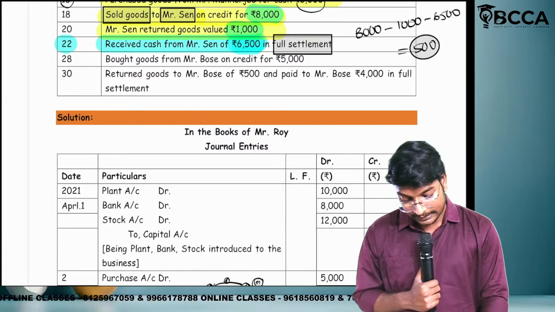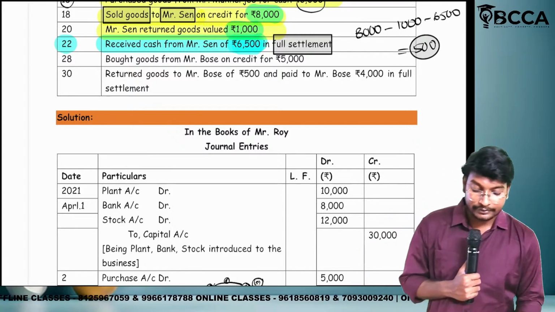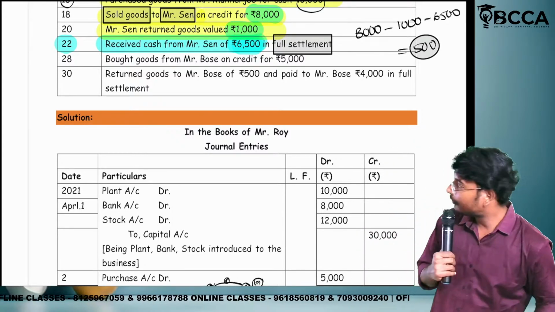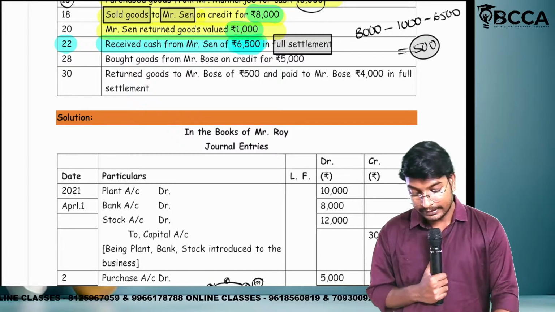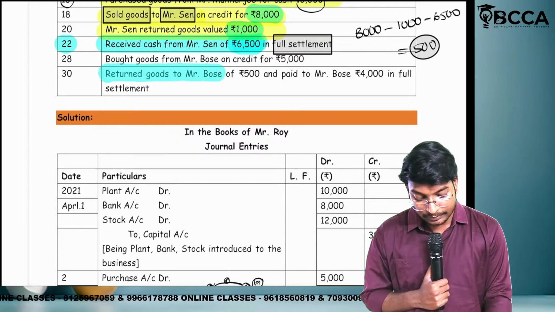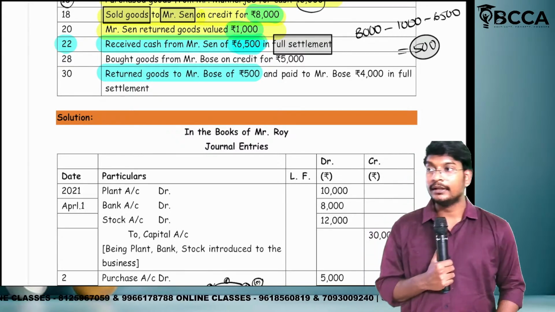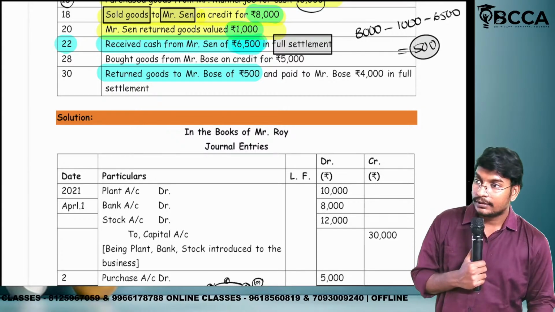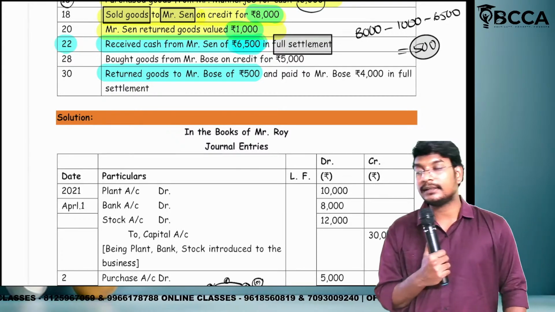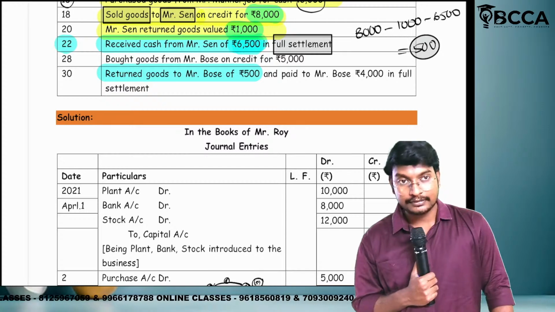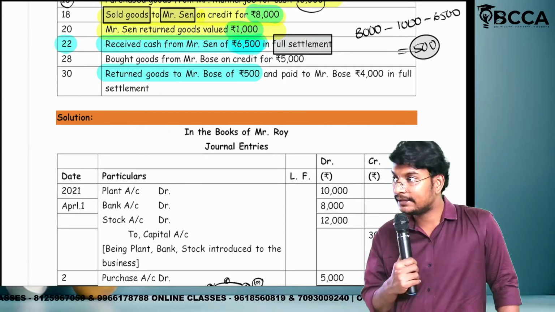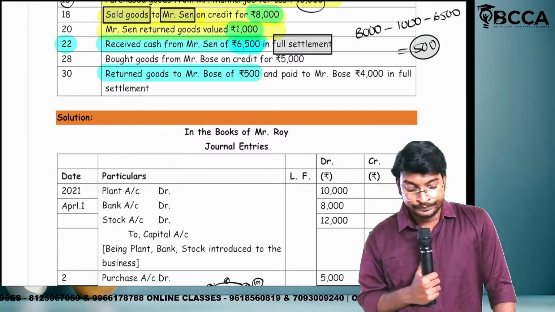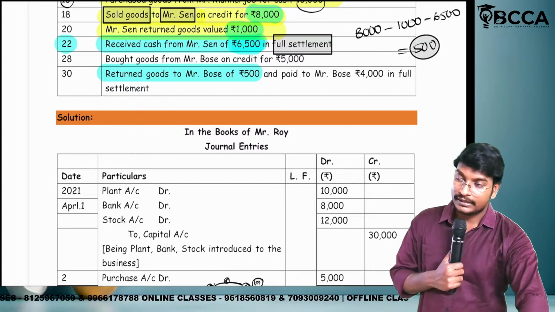Okay. Next, in this entry we have to divide into three parts. In this transaction, returned goods to Mr. Bose of rupees 500. We have returned goods, so these are purchase returns. What are the two outcomes? Purchase returns and Bose.